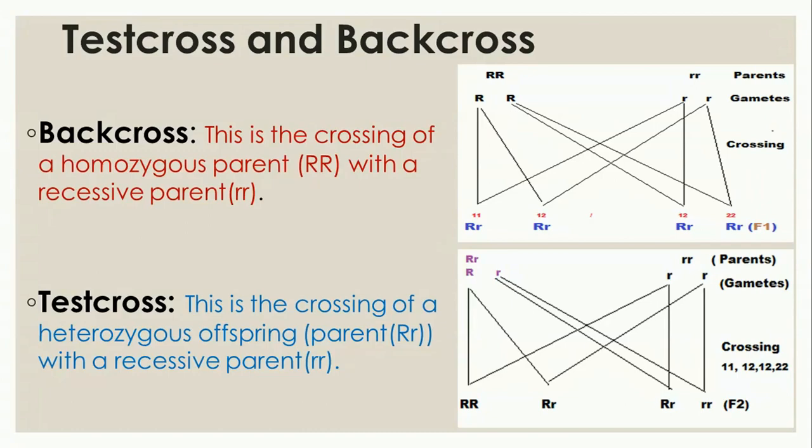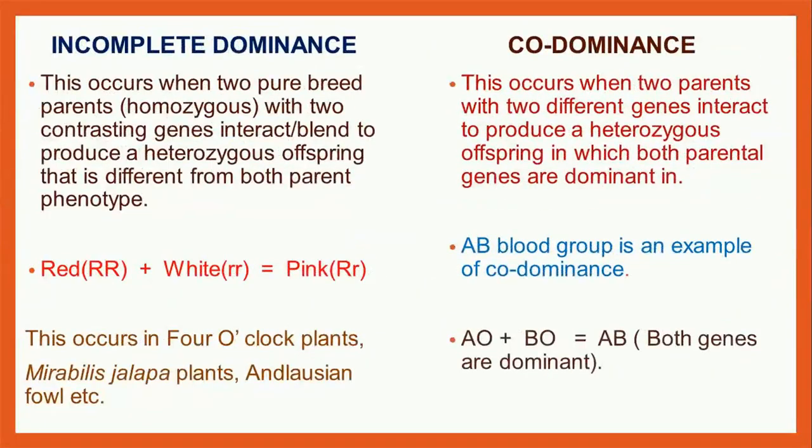Okay, let's move on. We've come to incomplete dominance. This occurs when two pure breed parents, definitely homozygotes, with two different contrasting genes, probably one is tall, one is short for height, interact or blend together to produce a heterozygote offspring that is different from both parents' phenotype.